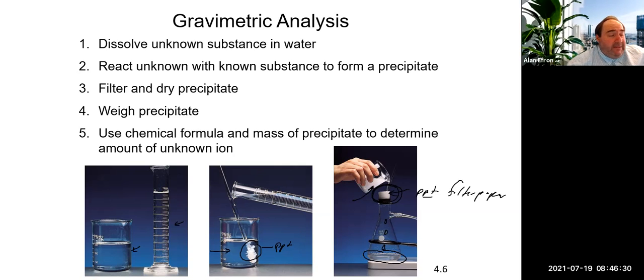If you decided not to let it dry out and you weigh it, you're going to have all that extra water weight, and that's where you can find yourself over 100% yield, which again would not be a very good thing. What you'd want to do, obviously, is take that filter paper, maybe put it in a drying oven, just let it sit for a day or two until it really dries out. And what you would be left with, hopefully, is just a precipitate by itself that's dried. And once you do that, that would be your actual yield.